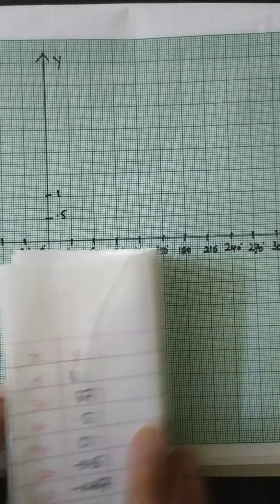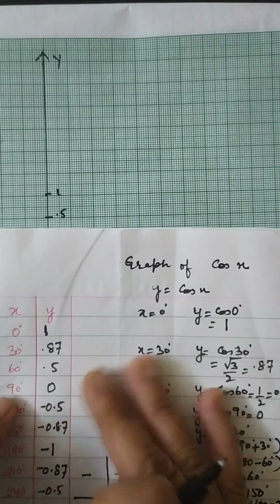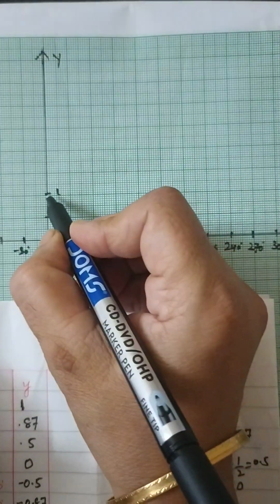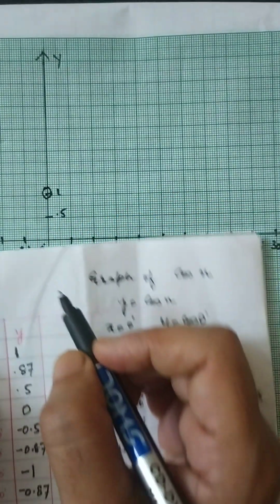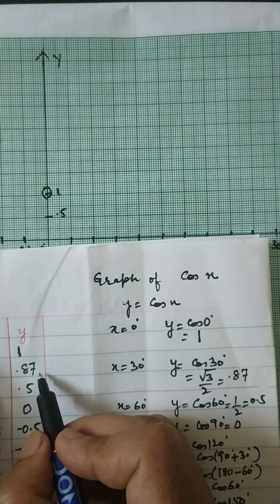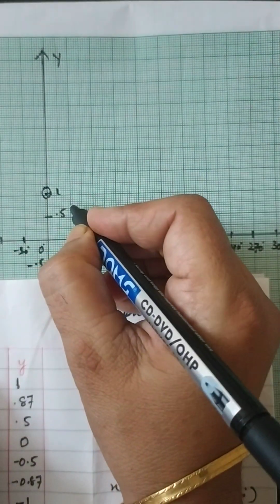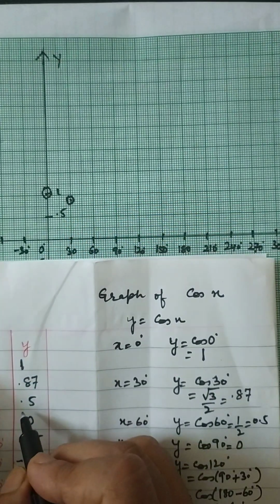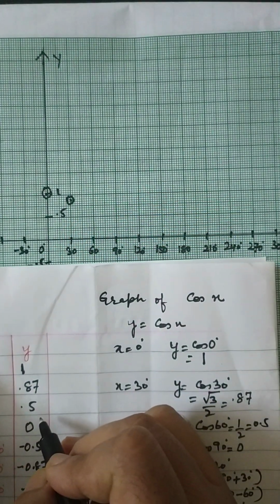When x is 0, y is 1. So this is when x is 30 degree, y is 0.87. It is somewhere here. When x is 60 degree, y is 0.5.